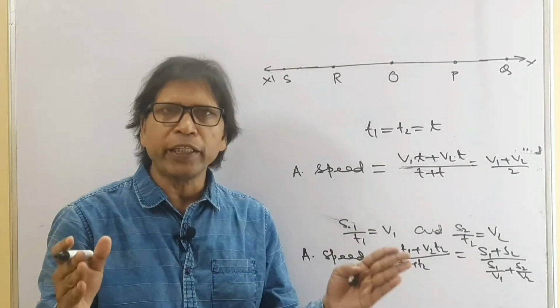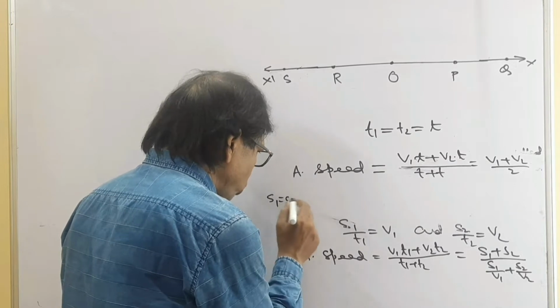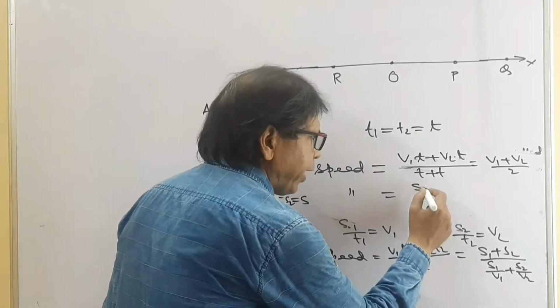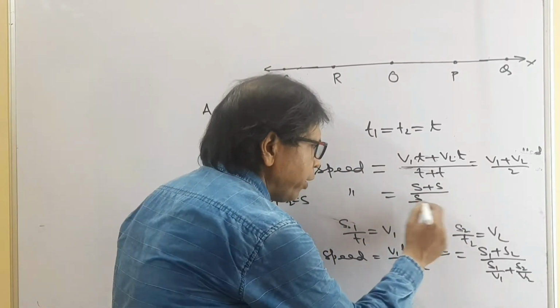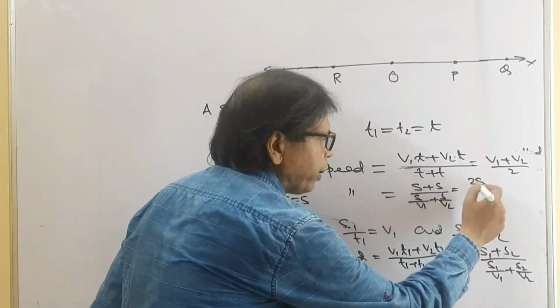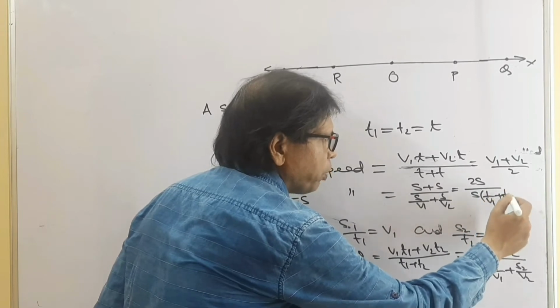Now average speed in equal distance, that means s1 equal to s2 equal to s. Then average speed becomes s plus s divided by s by v1 plus s by v2. So, twice s divided by s into 1 by v1 plus 1 by v2.